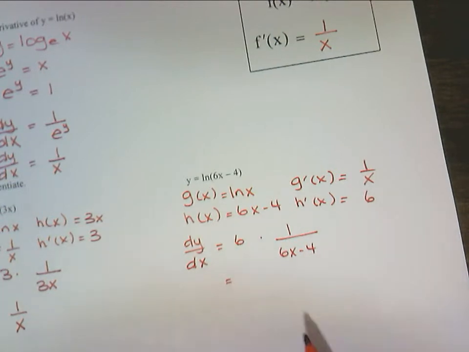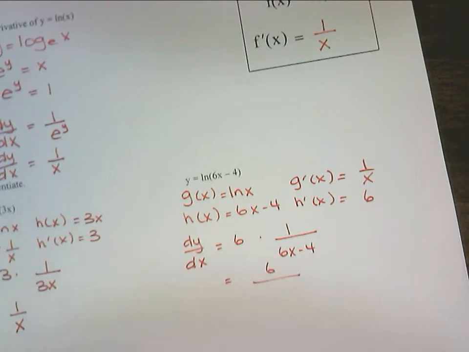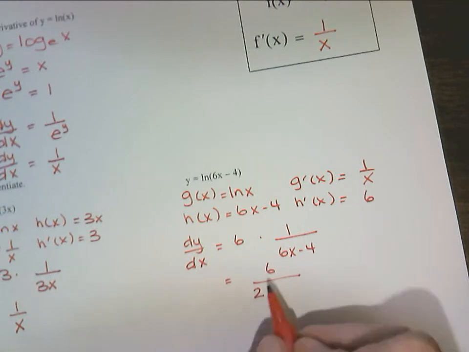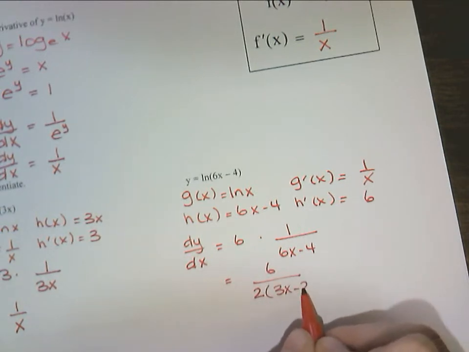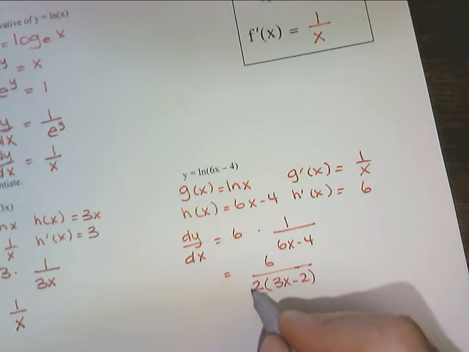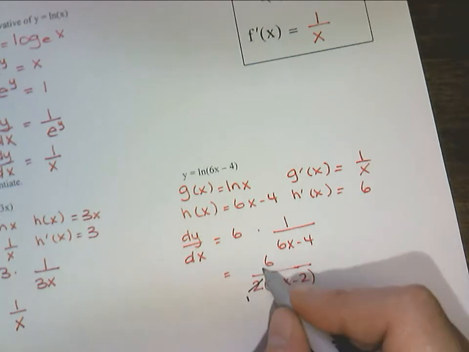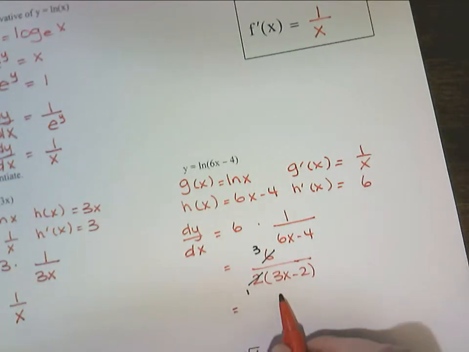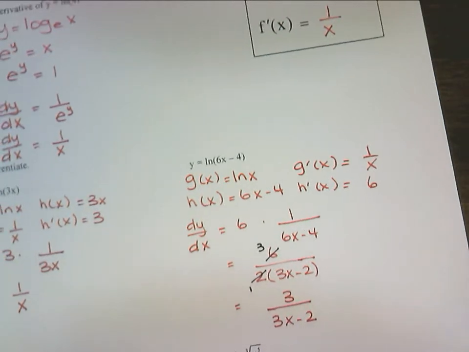Well, let's put these together and factor. So I'm going to do 6 over, and then I'm going to factor out a 2. So I'm going to get a 2 here, which leaves me with 3x minus 2 in the bracket. Now I can simplify. This 2 is a 1, and this 6 becomes a 3. So this leaves me with 3 over 3x minus 2 as the derivative.